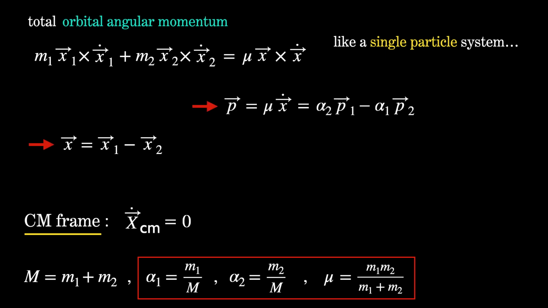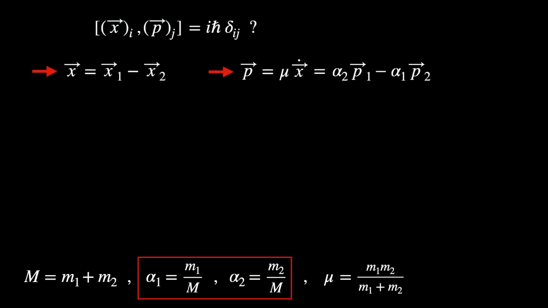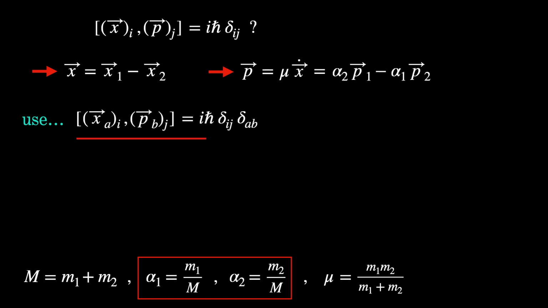Let's check that these really satisfy the canonical commutation relation. We can use the commutation relations of the original variables. A and B are the particle indices, labeling particles 1 and 2.